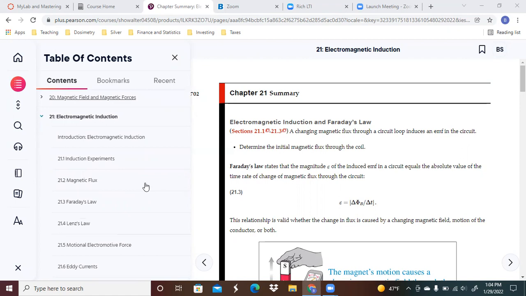Now, again, what is the flux? We're looking at the number of magnetic field lines that are going to be cutting through a particular cross-sectional area. And as those lines change, what we're going to notice is that certain types of currents can develop.